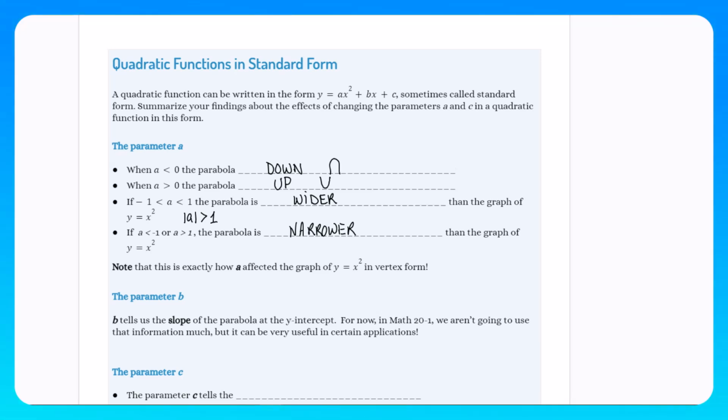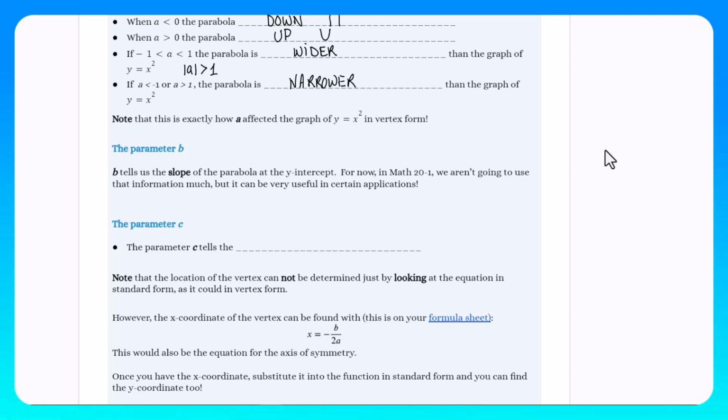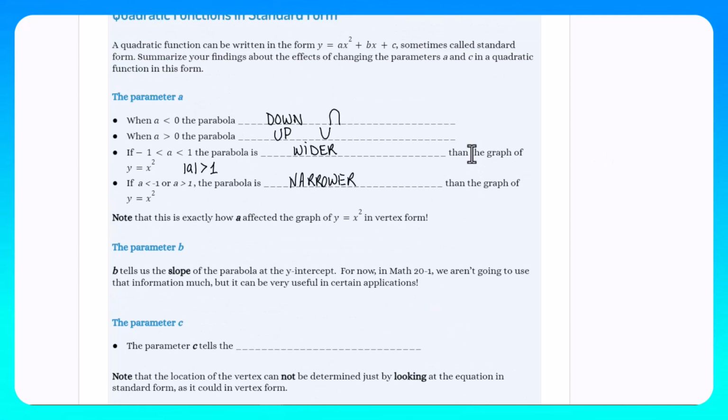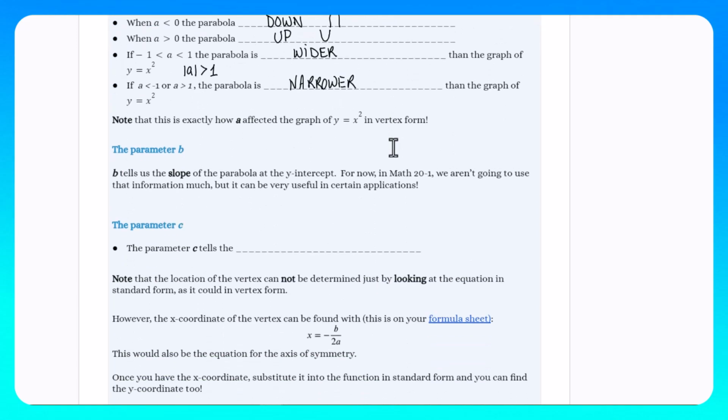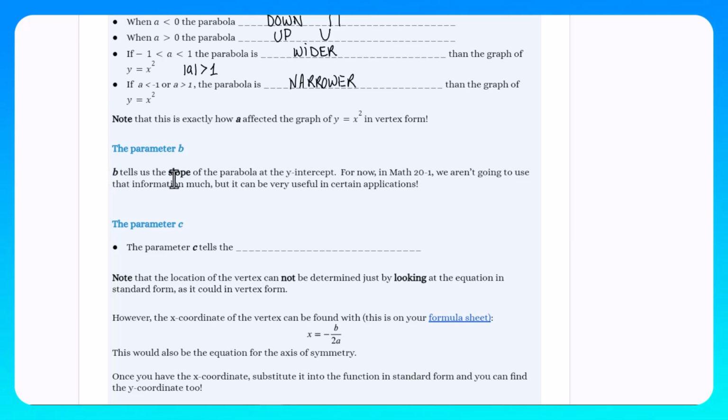Now, the parameter of b is a little bit different. Vertex form didn't have b. Because it's that linear term, almost like mx in mx plus b, it tells us the slope of the parabola. In other words, kind of how fast it's rising or falling.